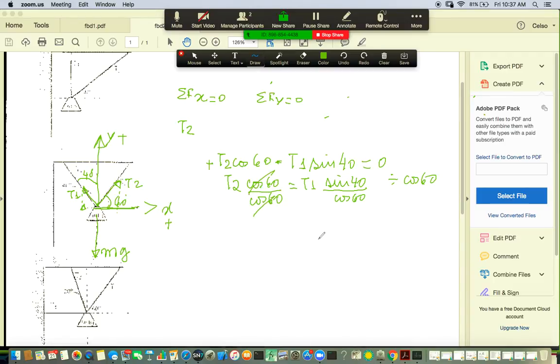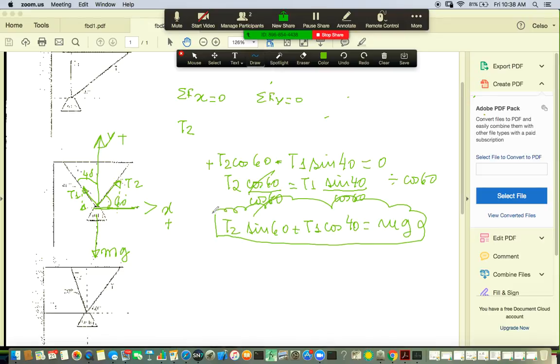Now the other one is when you project in y. So T2 sine of 60, projecting in y, plus T1 cosine of 40 is equal to mg. I could now replace T2 in this equation.